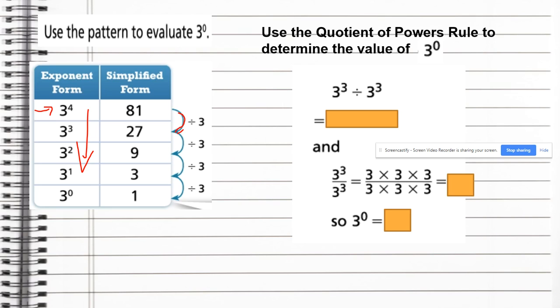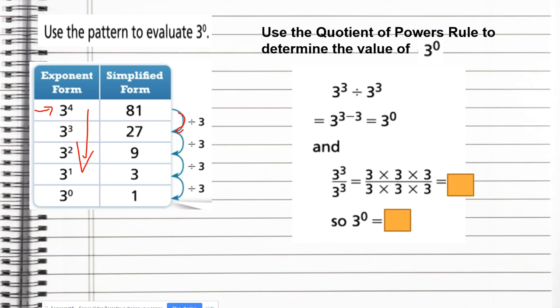Use the quotient of power rule to determine the value of 3 to the 0. 3 to the 3rd divided by 3 to the 3rd is essentially saying, using that quotient power rule, 3 to the 3rd minus 3, which is 3 to the 0 power. So again, here are multiple rules that we've talked about. We're using them again as we look at different laws of exponents.